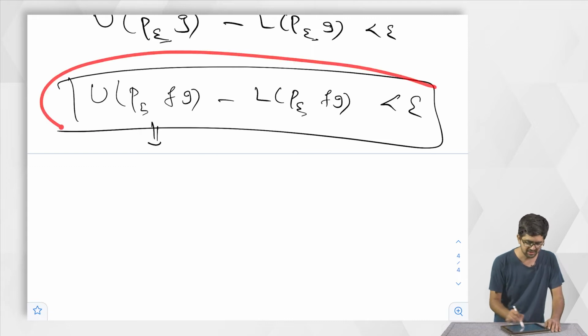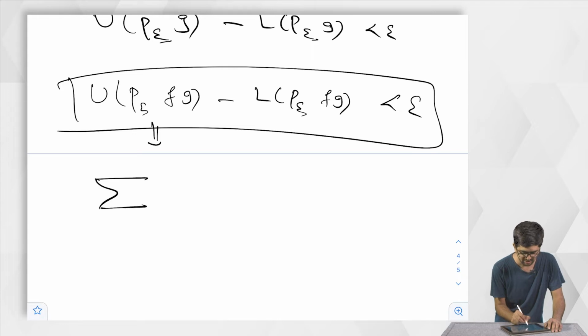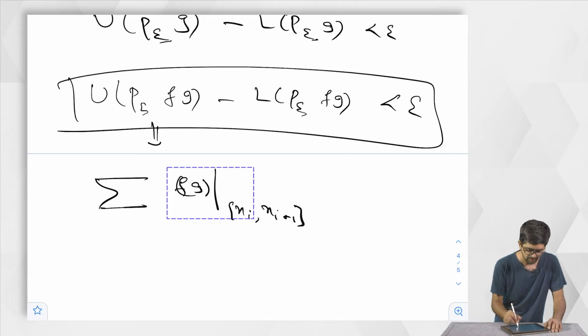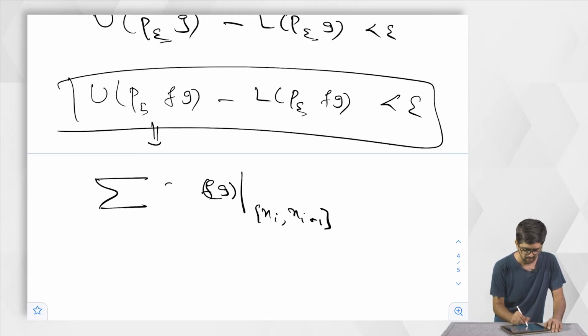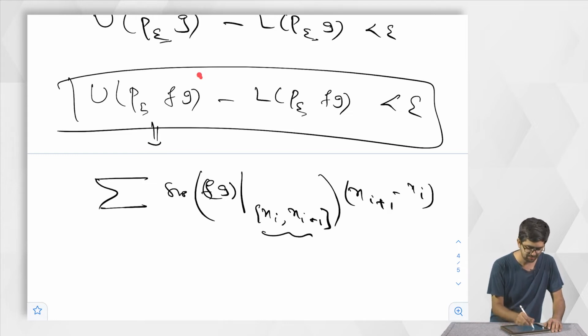Okay, so what is this? Let us focus on this part, U(P_ε, fg). This is equal to the summation of the supremum of fg restricted to [x_i, x_{i+1}] times the length of this interval, x_{i+1} minus x_i.